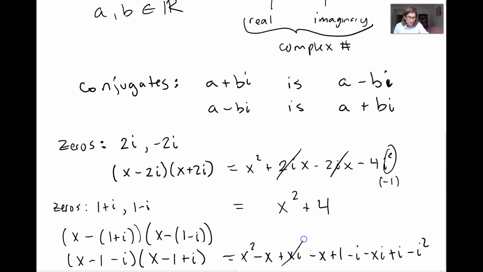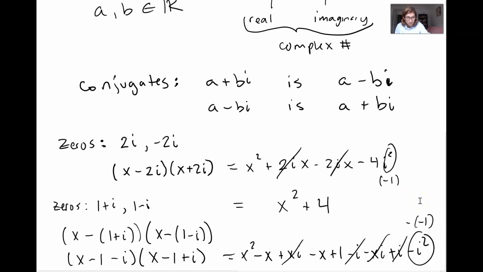So this xi will cancel with this minus xi. This i will cancel with this minus i, and minus i squared is minus negative 1. Therefore, we would have no imaginary parts left. In fact, I run out of space here, but this cleaned up is x squared minus 2x plus 2.